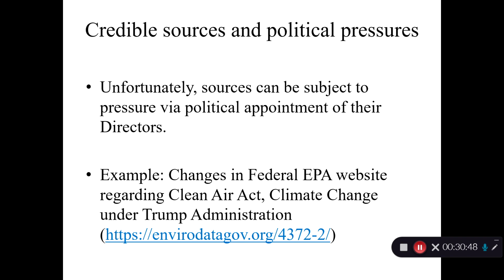Now, of course, even some of these, particularly if we think about our government agencies, right, they can be subject to political pressures, right, and they can have their directors. Their directors are politically appointed, and so because of that, that can put pressure on these agencies to not present some of the science in a non-political way, right?